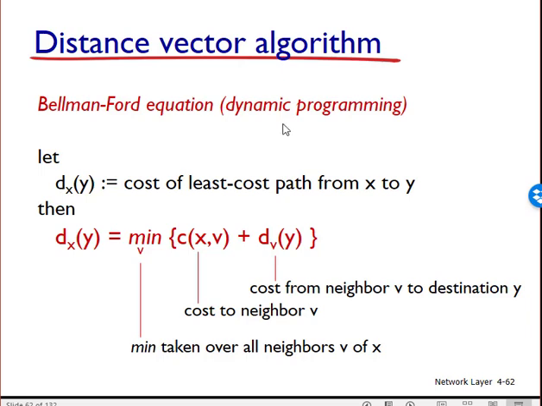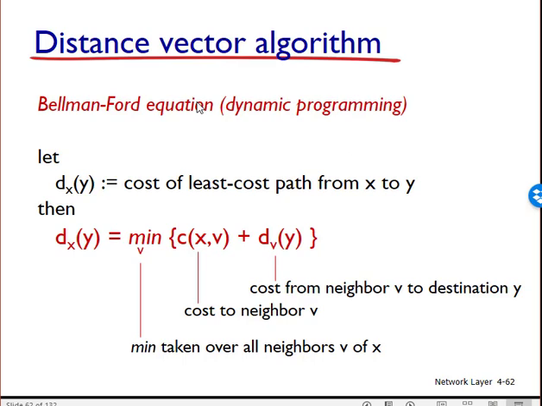Another important practical contribution of the Bellman-Ford equation is that it suggests the form of the neighbor-to-neighbor communication that will take place in the distance vector algorithm. In the distributed asynchronous algorithm, from time to time, each node sends a copy of its distance vector to each of its neighbors.